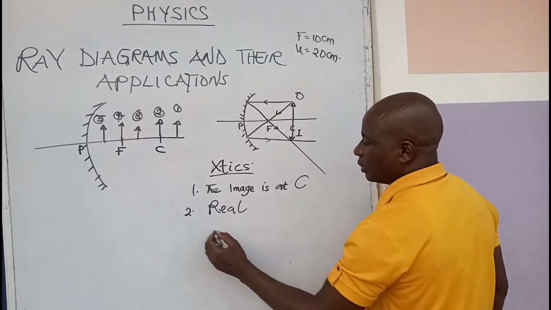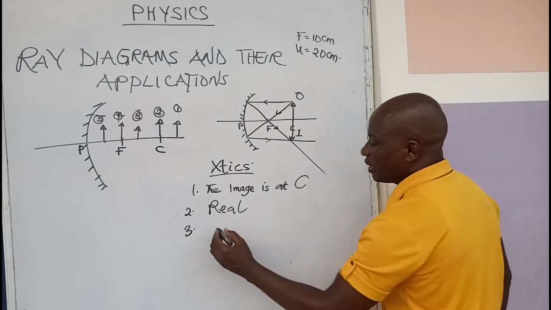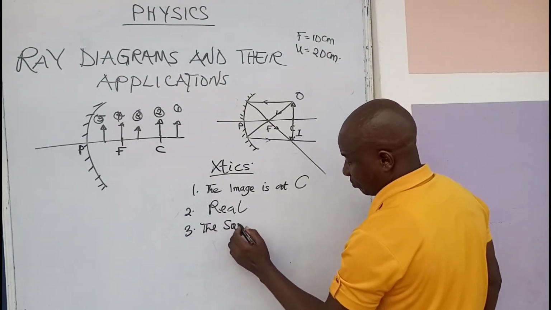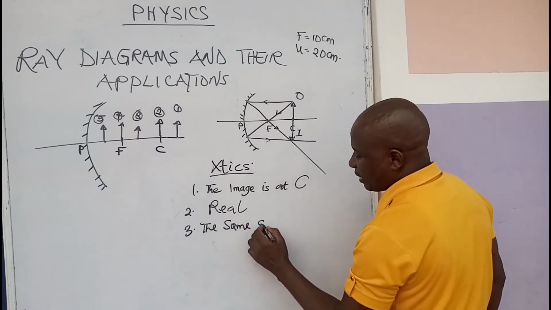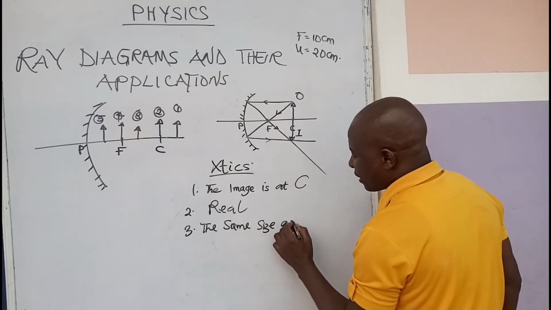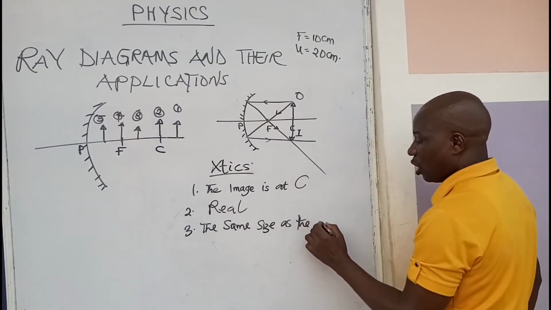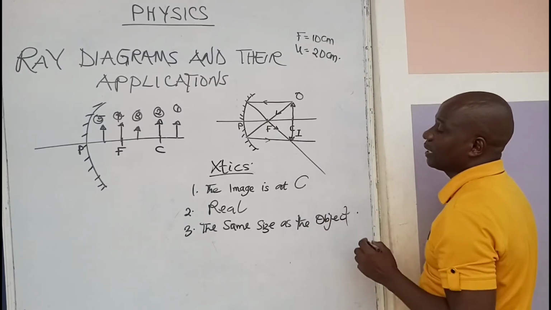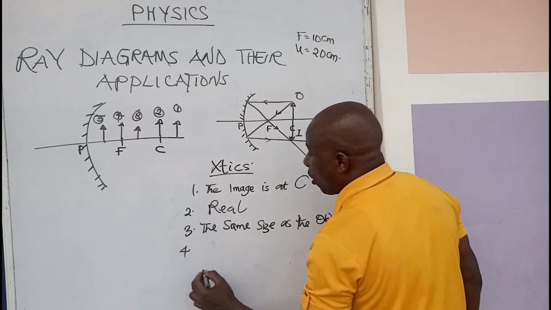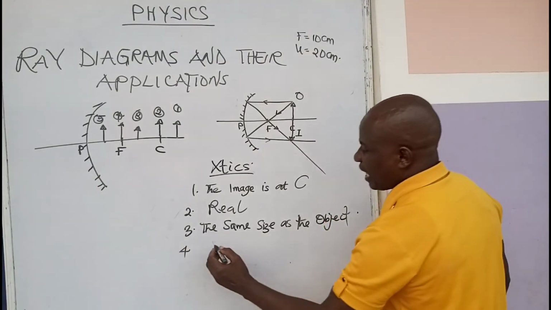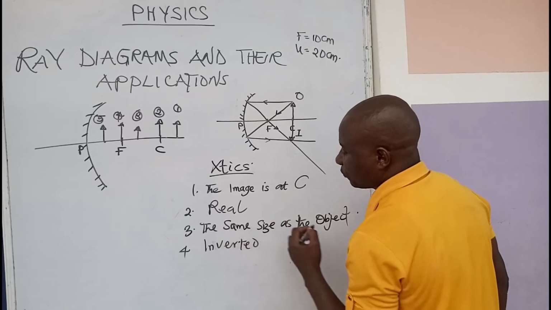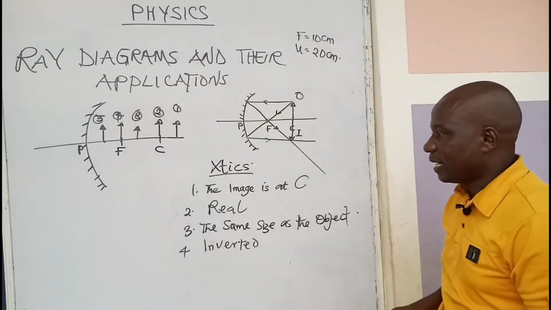Number 3, it is the same size as the object. And number 4, it is inverted. So those are the characteristics.